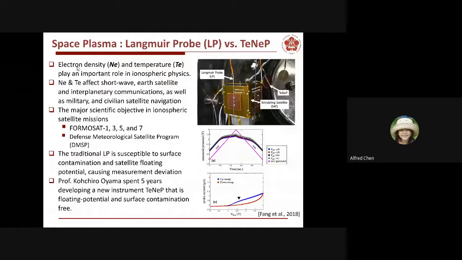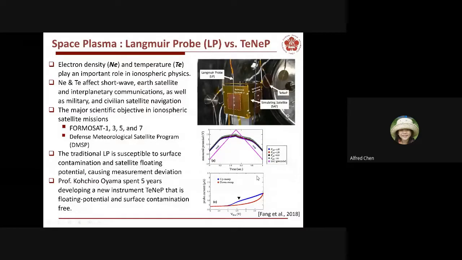DMSP satellite programs. But typically, to measure the electron density and the temperature, the Langmuir probe is the most traditional instrument to be used. But the traditional Langmuir probe is susceptible to surface contamination and the satellite floating potential.